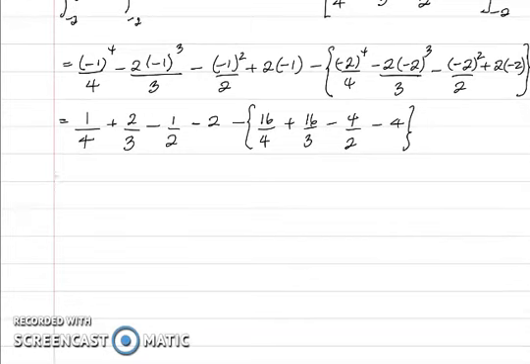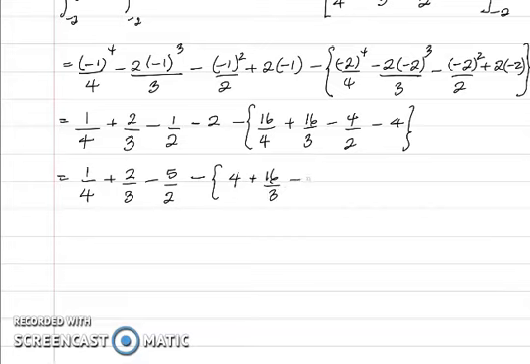This becomes 1 over 4 plus 2 over 3 minus 5 over 2. So minus a half minus 2 is minus 2.5, which is the same as minus 5 over 2. And minus, this would be 4 plus 16 over 3 minus 2 minus 4. So 4 minus 4, that goes.